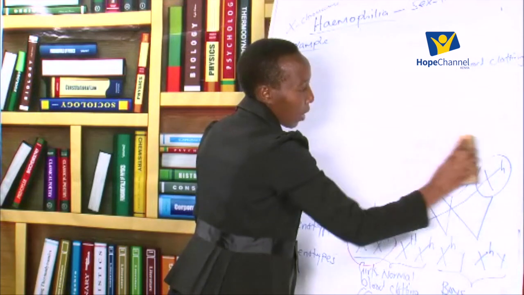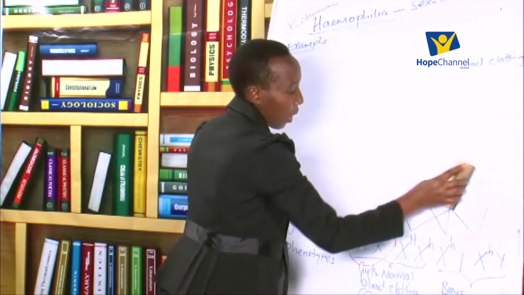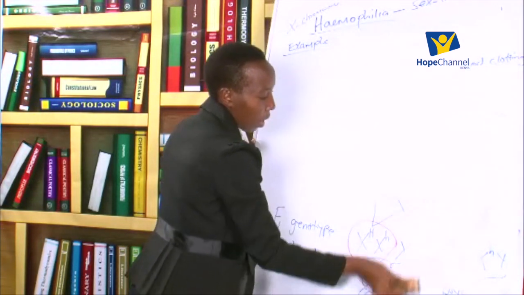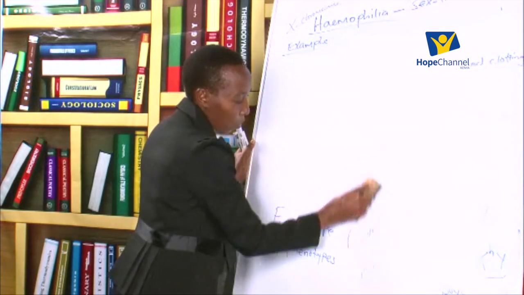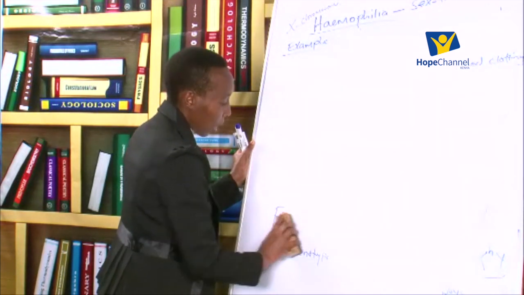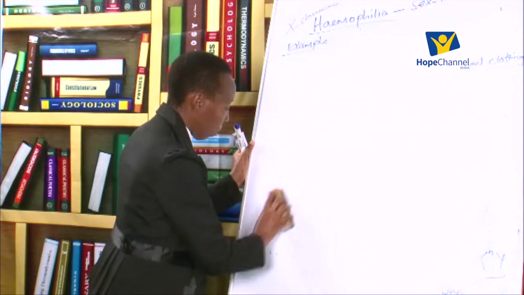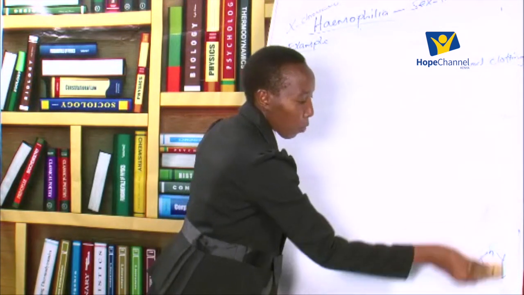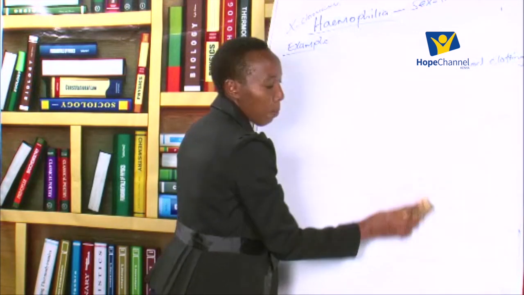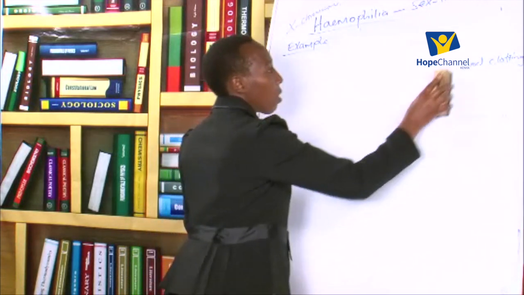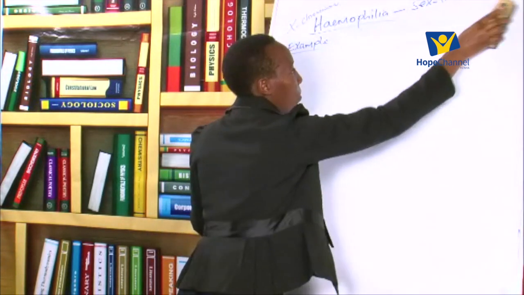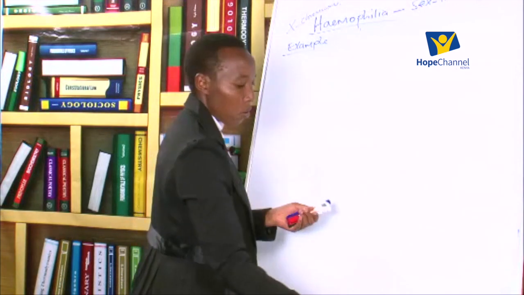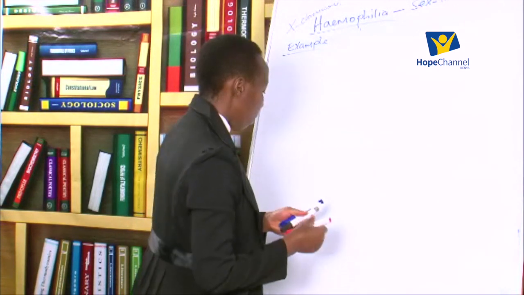But for the girls, remember the X from the father had a normal gene, so the girls will be getting the dominant gene for normal blood clotting from the father. So at least for them, they are very safe, because the gene is dominant, so it will suppress the gene from the mother.